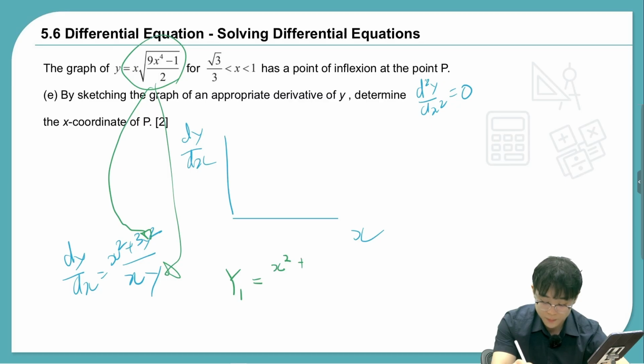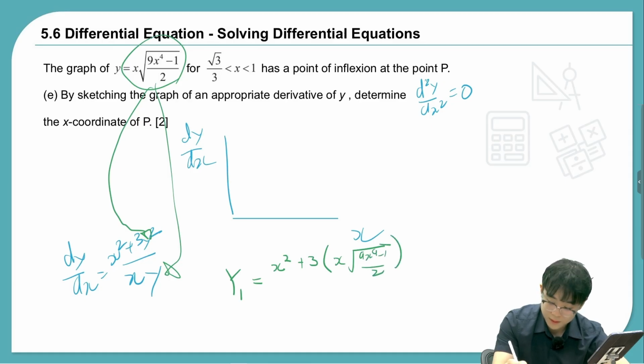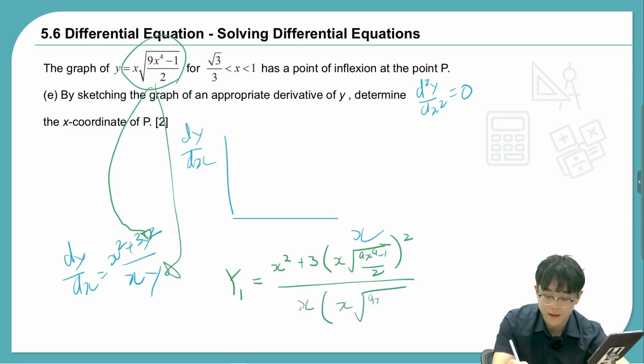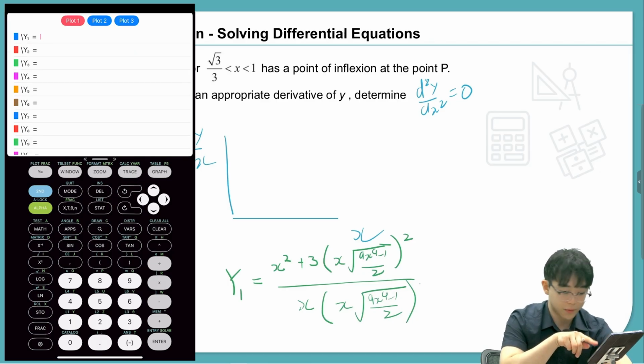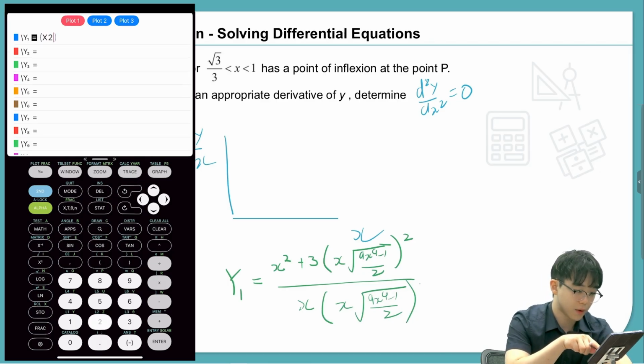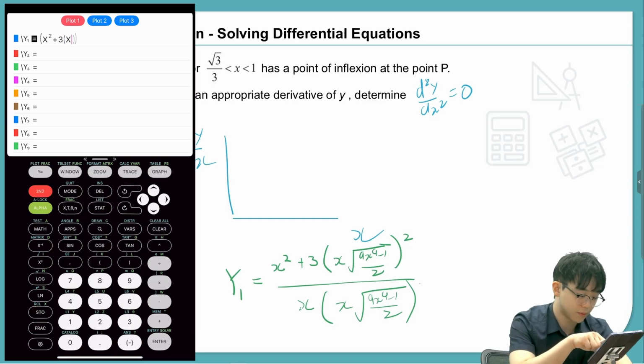So we get x squared plus 3, and instead of y squared, we would get this full expression squared, all over x times y, but instead of y, we have x times the square root of 9x to the power 4 minus 1, over 2. So if we put that equation in, we would get x squared plus 3 times x square root of 9x to the power 4.